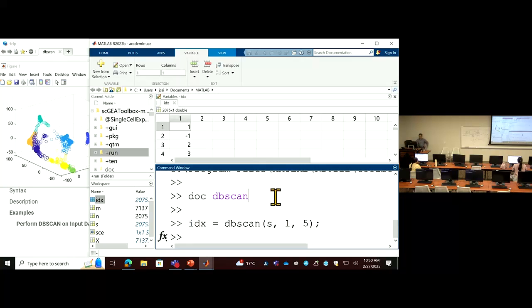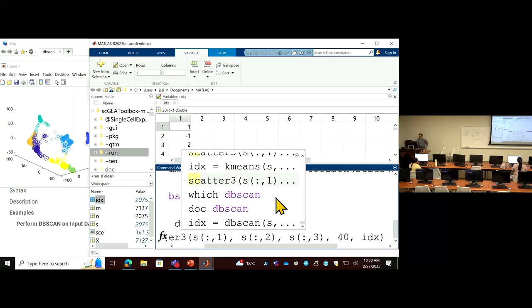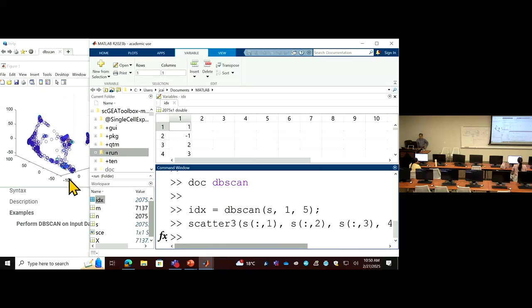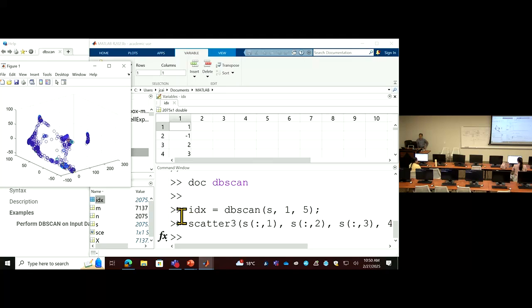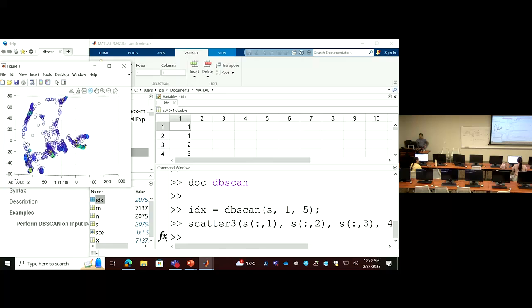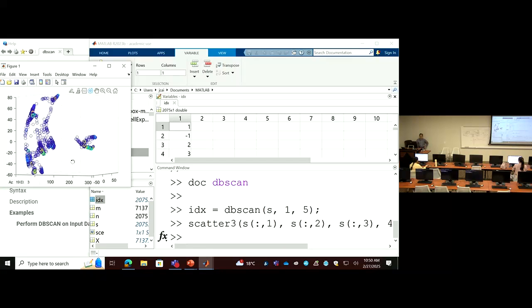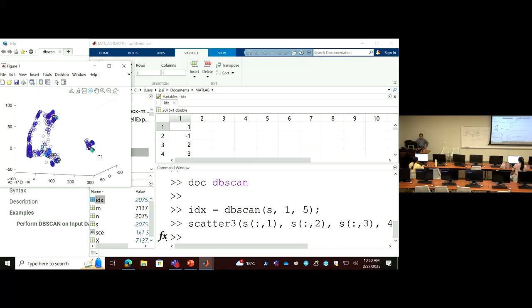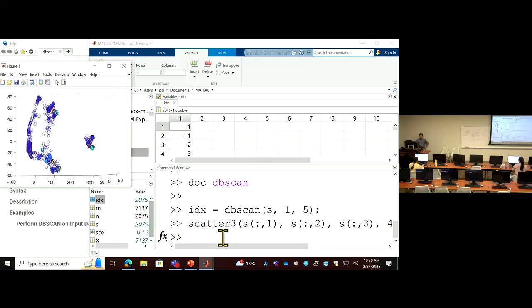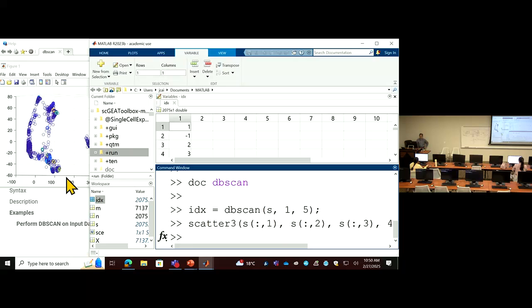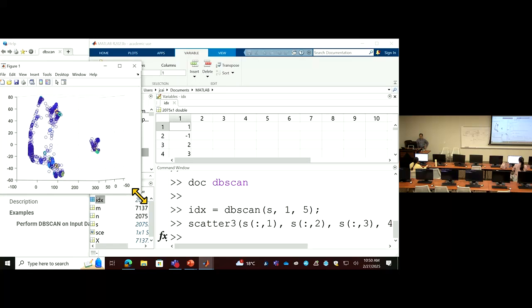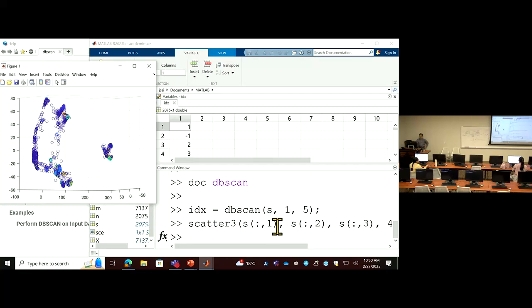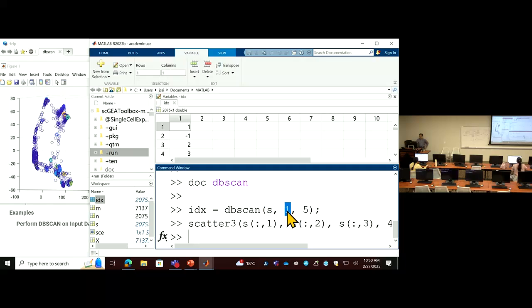So let's try scatter, and plot out those numbers. And we should try other numbers. So this is how long the radius is.